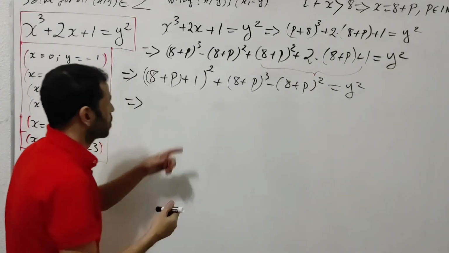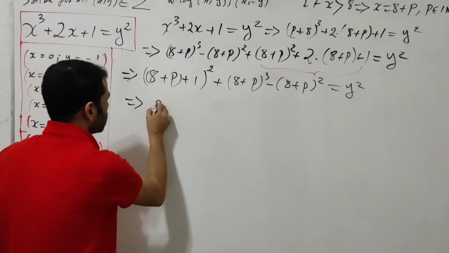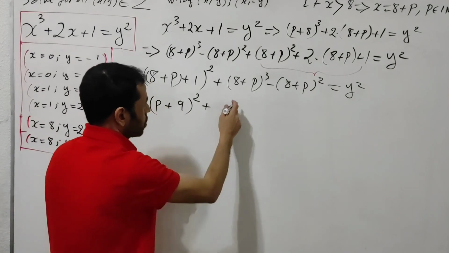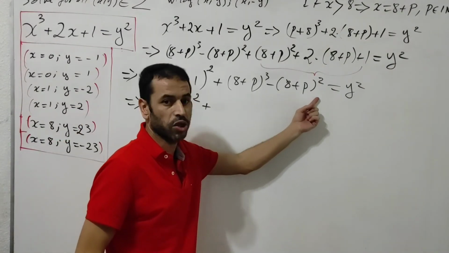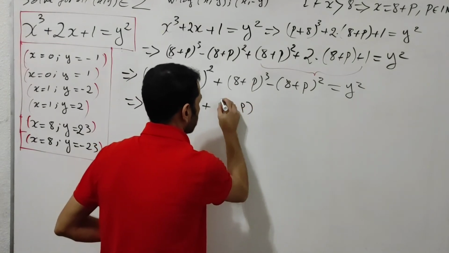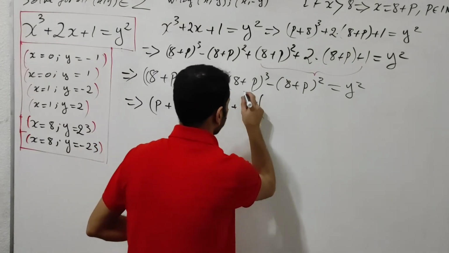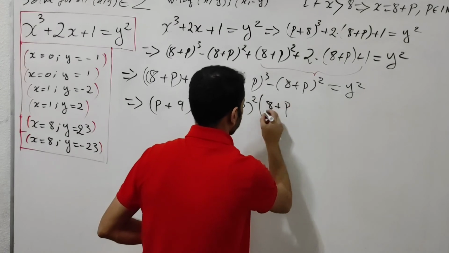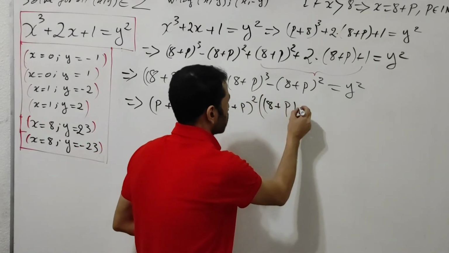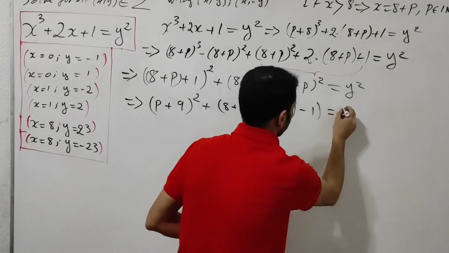So by simplifying, this gives us (p plus 9) squared as the first term, plus, making (8 plus p) squared a common factor, I will have (8 plus p) squared times (8 plus p), and the second term is multiplied by minus 1, equals y squared.